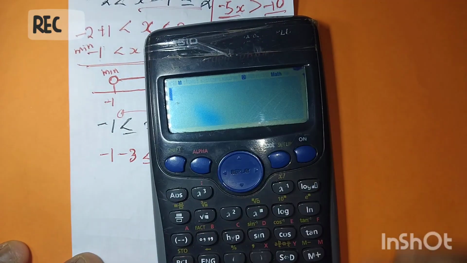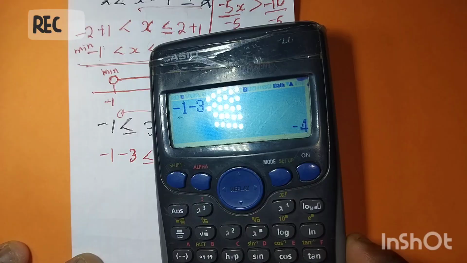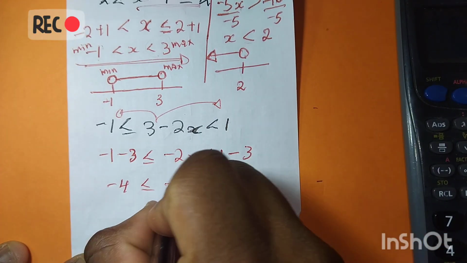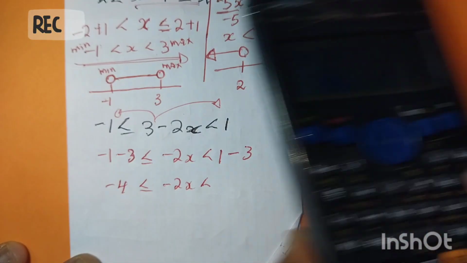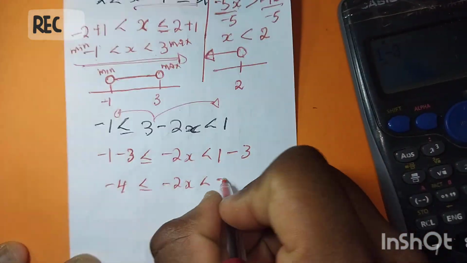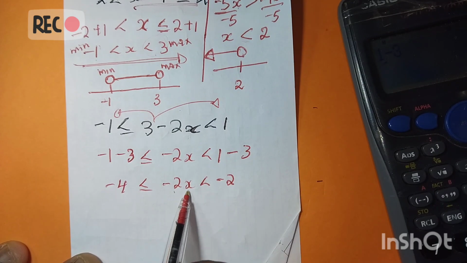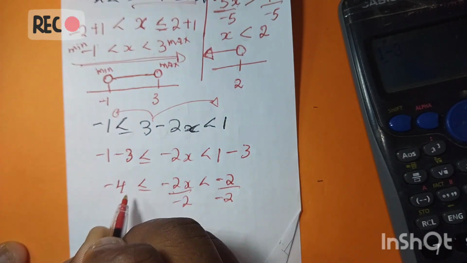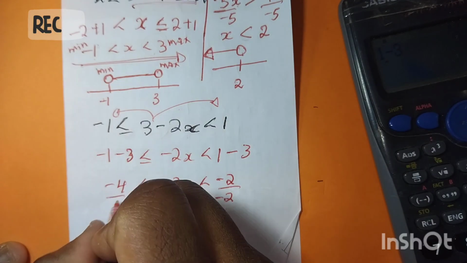Then you can press your calculator, minus 1 minus 3, it's minus 4, meaning here it's minus 4, and here I still have that, which is 1 minus 3, it's minus 2, meaning here it's minus 2. And what is in front of what I need, I divide by it. I should also divide on this side as well.